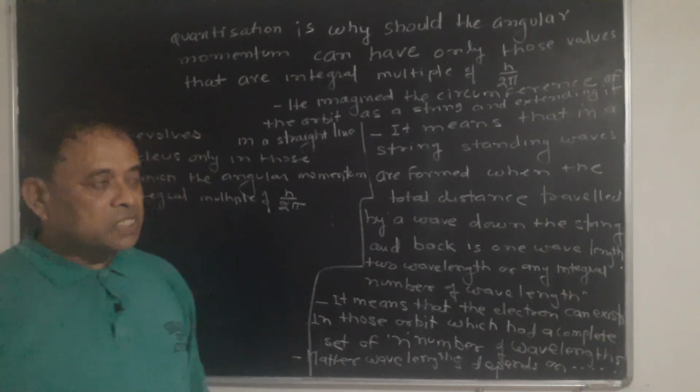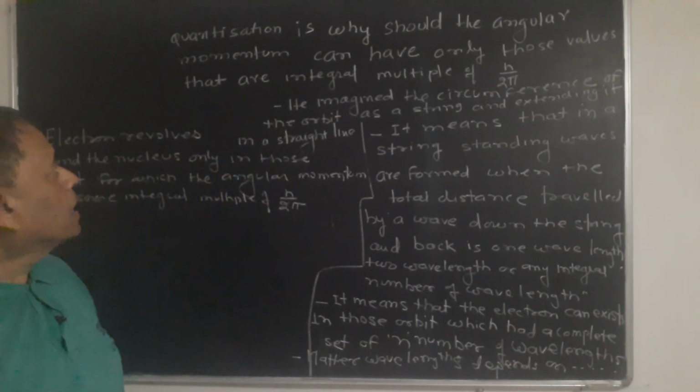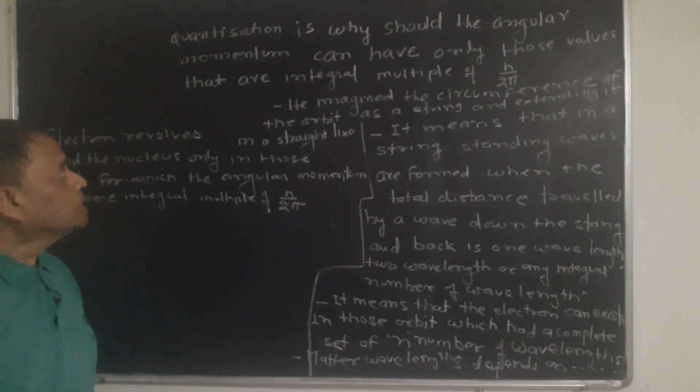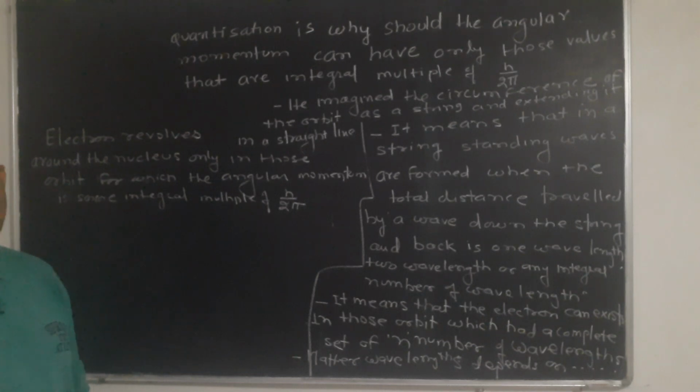So the question was: why can the angular momentum have only those values that are integral multiples of h upon 2 pi?